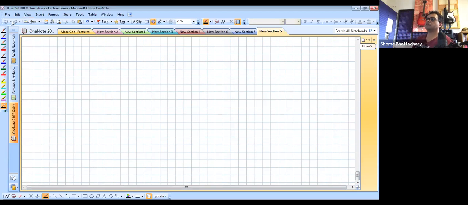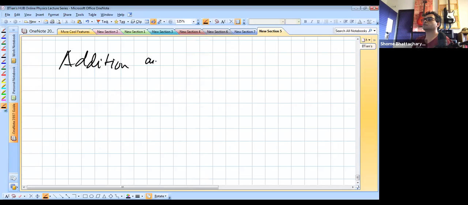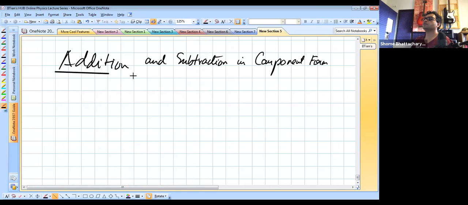So now let us simultaneously look at addition and subtraction in component form. And you'll see this is as easy as your regular arithmetic. And this method of doing addition and subtraction is as easy as regular arithmetic.